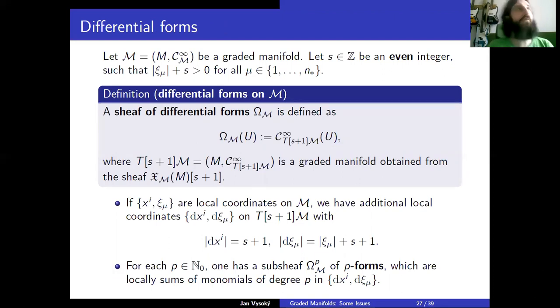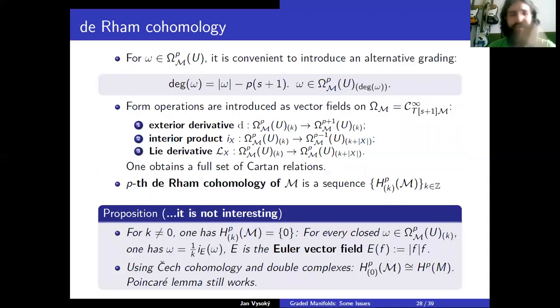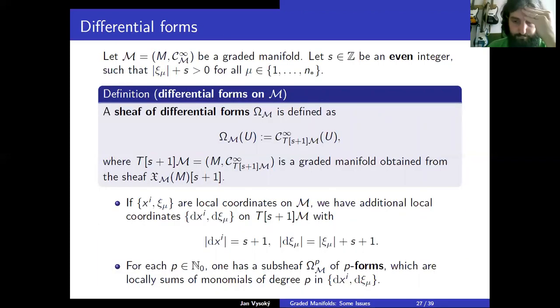No, it's not a sheaf of sections of a vector bundle. It's a sheaf of functions on some graded manifold. Yeah, I understand. But in classical differential geometry, you can take the direct sum of all the exterior powers of the cotangent bundle, and the sections of that coincide with the sheaf of forms. And in fact, that's true.